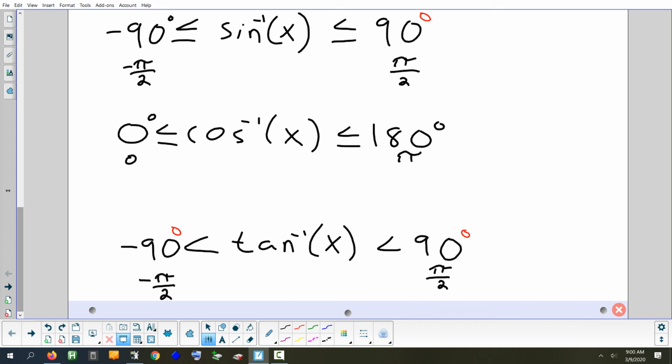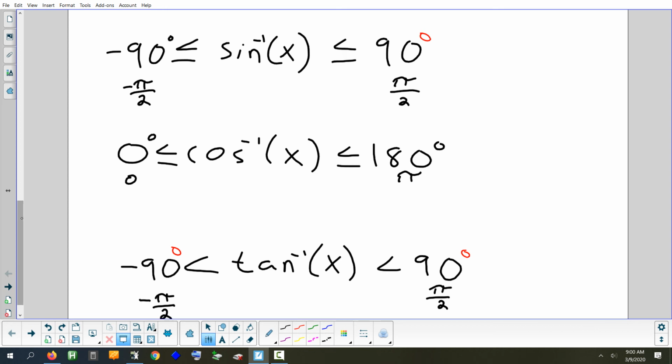Now, those are always the same, no matter what calculator you use. Always. This isn't what it has to be, but this is what everybody agrees that it will be. There are other ways you could do inverse trig. Instead of always giving an answer between negative 90 and 90, you could do it differently.